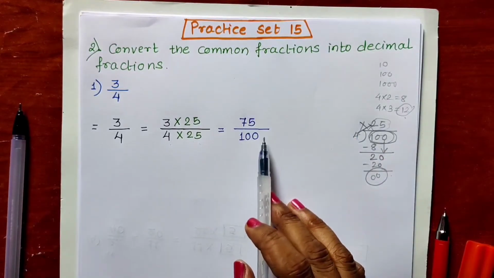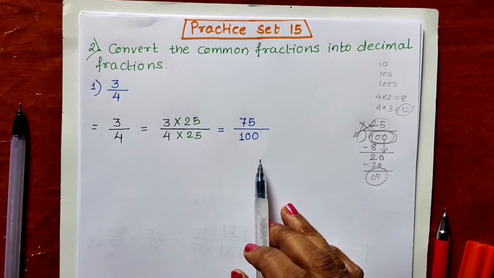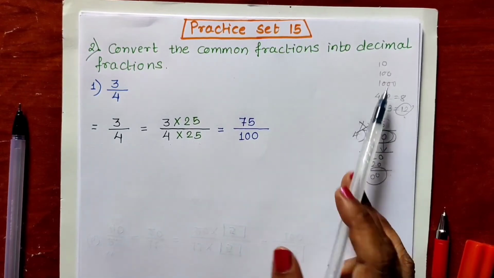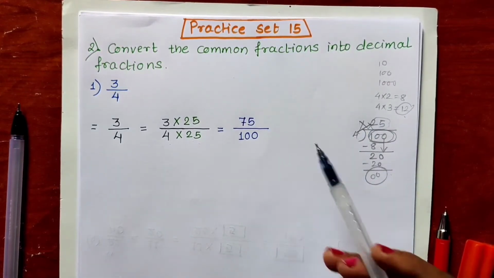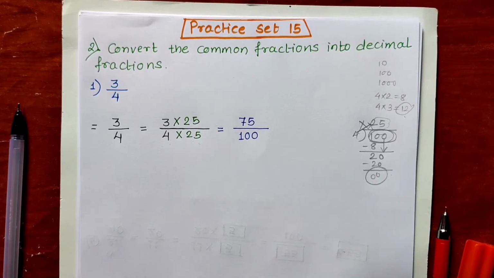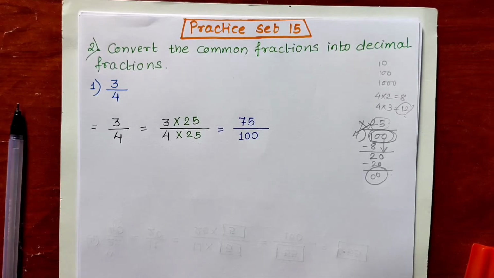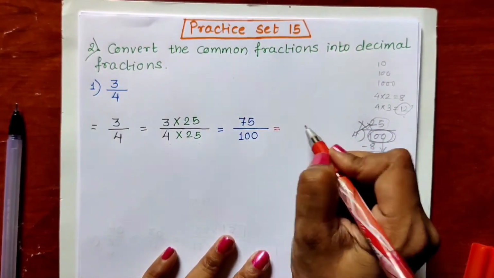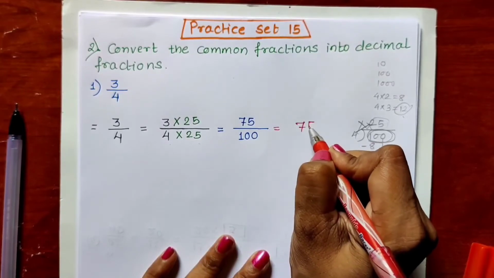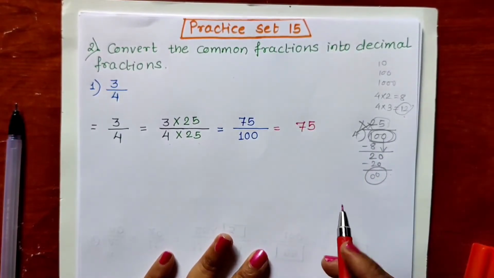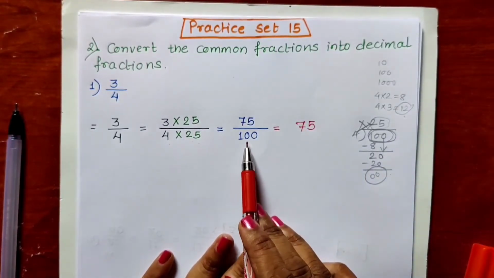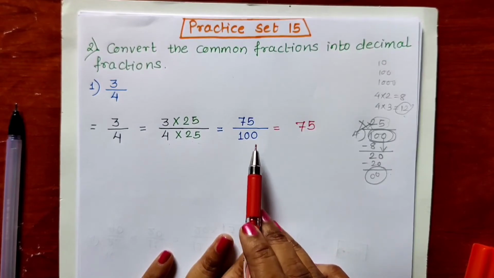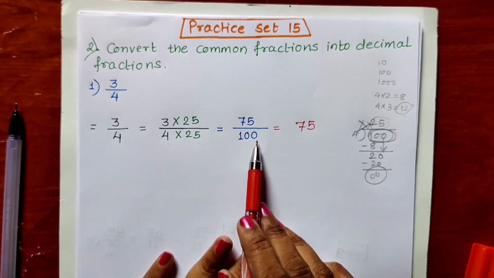Now we have got such a fraction where the denominator is a multiple of 10. After getting the denominator as a multiple of 10, we have to convert it into a decimal fraction. For the conversion into a decimal fraction, what should be done? We write the numerator first. Write down the numerator 75. Now as there are 2 zeros in the denominator, there is 100, and in 100 there are 2 zeros.